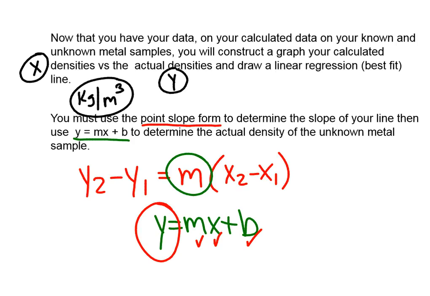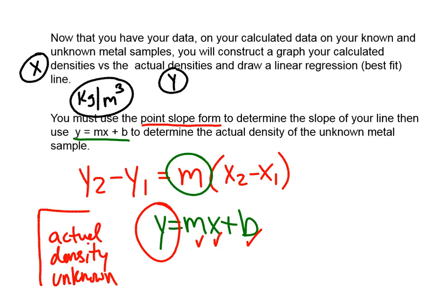This y will be the actual density of the unknown. When you have the actual density of the unknown, you then go back to the image that I posted on Google Classroom and see which metal best matches up with your actual density. That's pretty much the whole shebang.